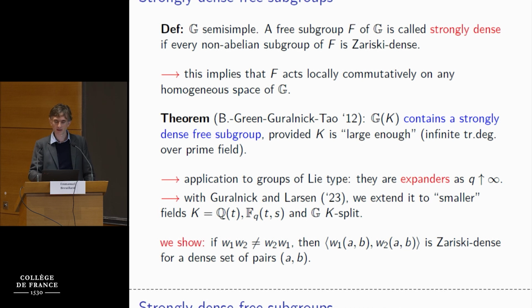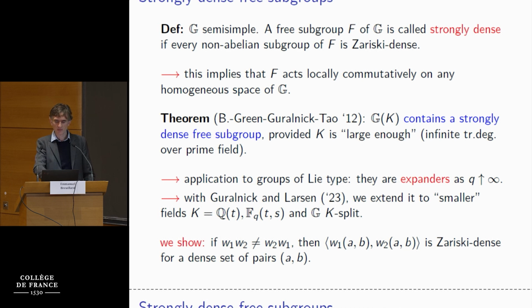But we needed this in characteristic p too, because we had an application to expanders, to the geometry of finite groups, when we proved that there are expanders when the field goes to infinity. Being an expander is a property of a Cayley graph that means roughly that the Cayley graph looks a little bit like a random graph. Okay.